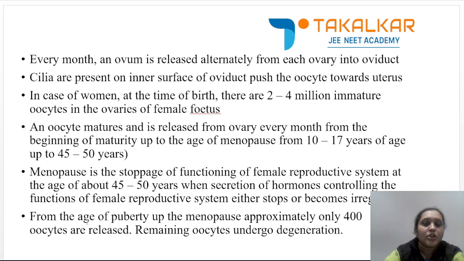So from the age of menarche till the menopause, approximately 400 oocytes are released. All the rest of the millions of oocytes which are produced during birth degenerate. Degenerated means that during the process of growth, they all die.